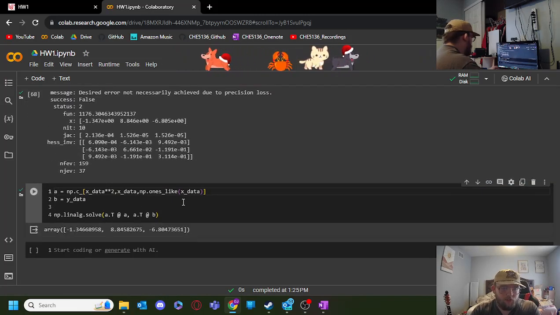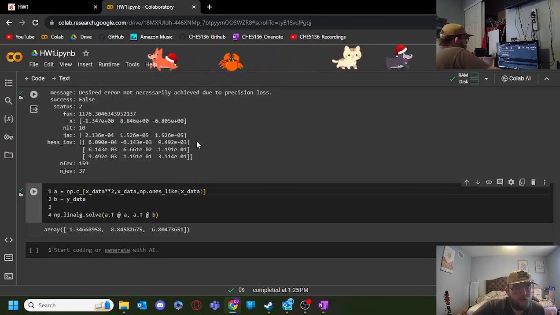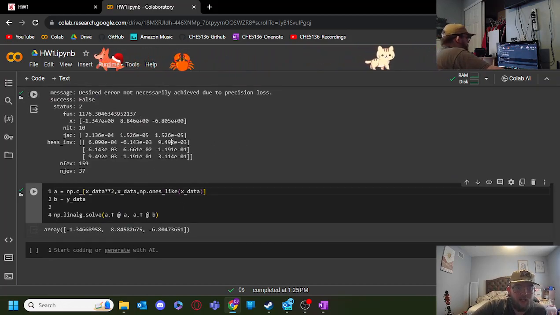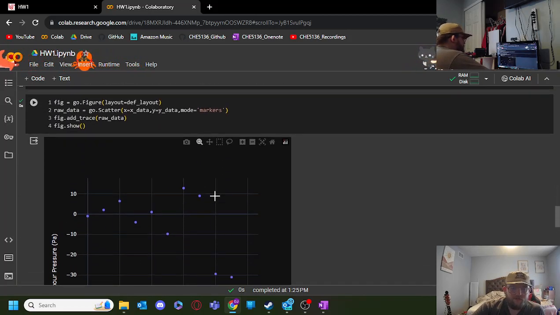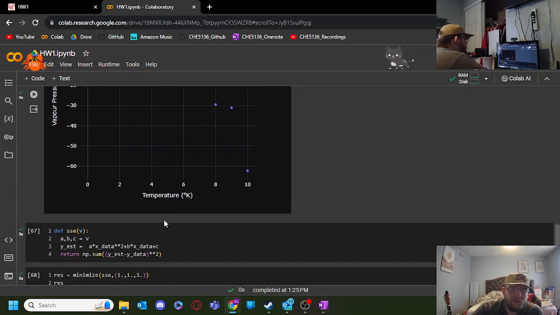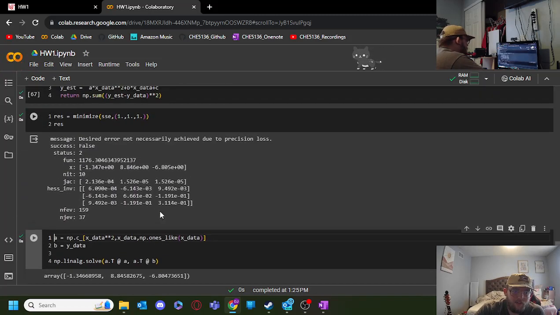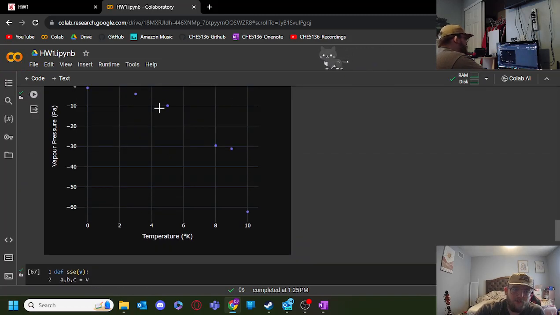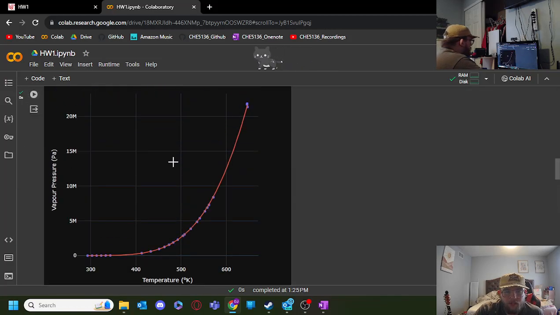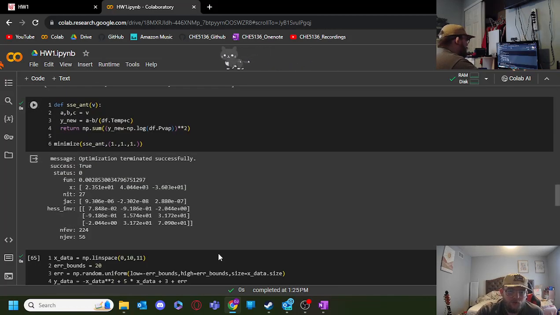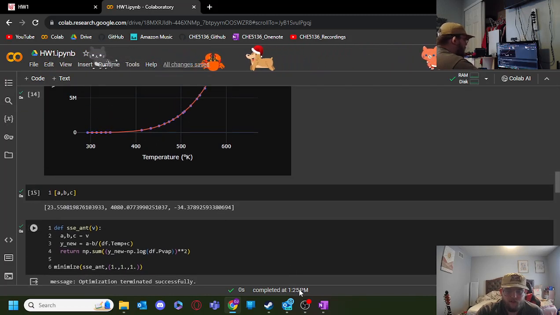If I try running that, even when it fails, it's still giving us the same answers. So it didn't converge, but it's still giving us the same answer because we're not transforming anything in here. However, up here, by taking the log, we're also transforming the error, causing those differences.